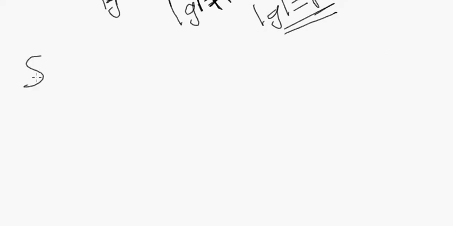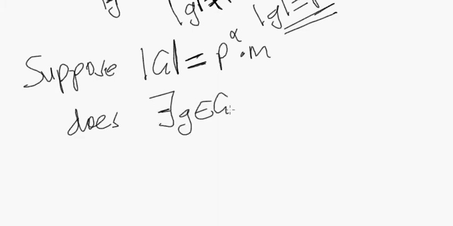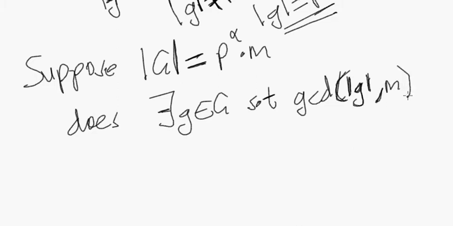Suppose the order of G equals P to the alpha times M, right? Does there exist little g in G such that the GCD of the order of little g with M always gives us 1?